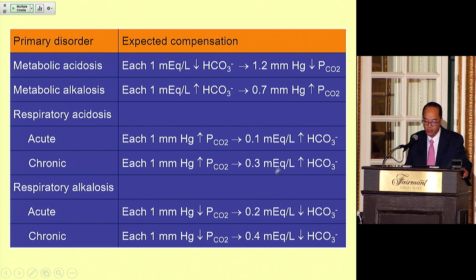So a maximum renal response to a respiratory acidosis is 0.3 milliequivalents per liter rise in bicarb for every 1 millimeter rise in PCO2, but it takes a while. So in acute respiratory acidosis, you might expect less, and the reverse is true for respiratory alkalosis.